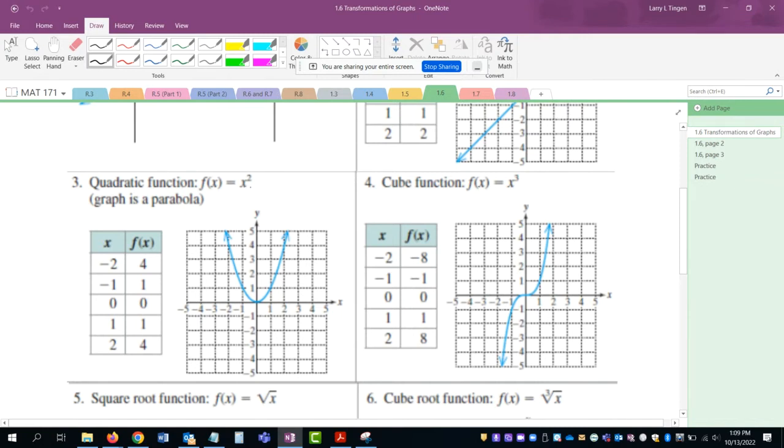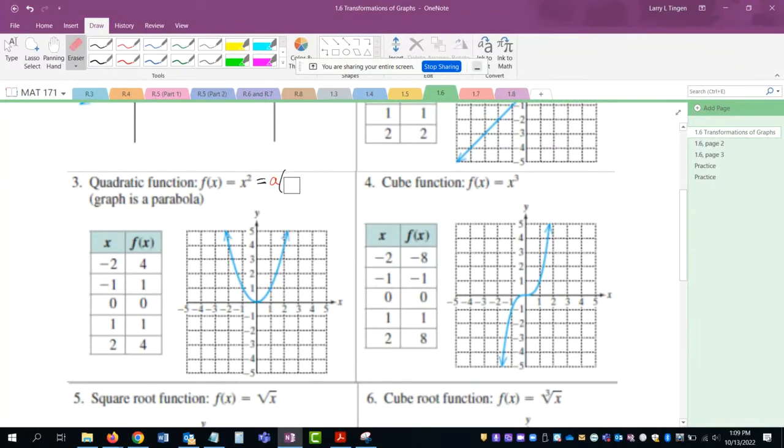And then we talked about where is A, where is B, where is H, and where is K. So x squared can be rewritten as A on the outside, A times the inside is the x squared, right?